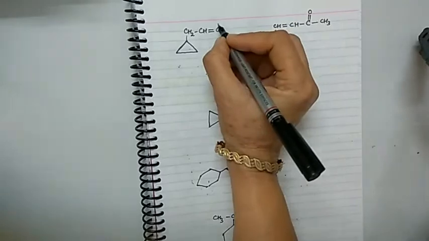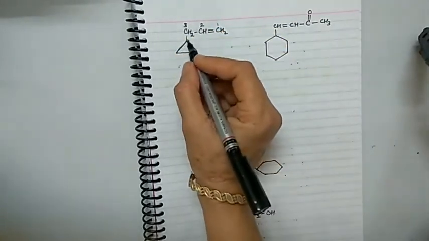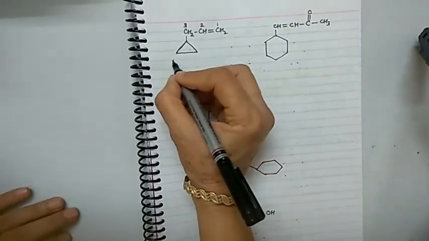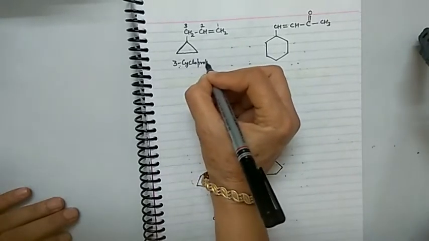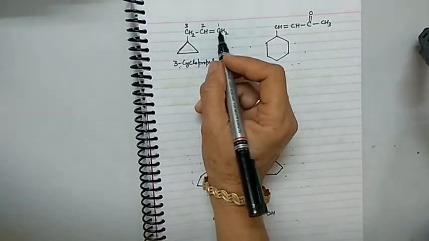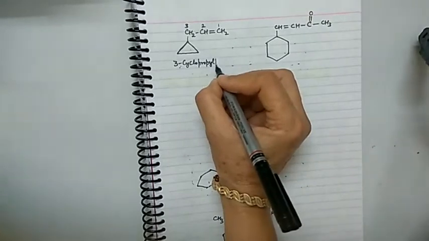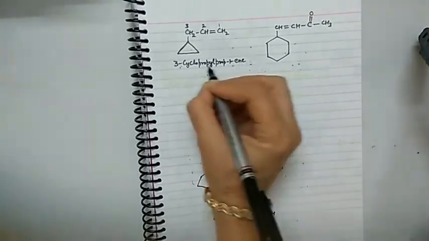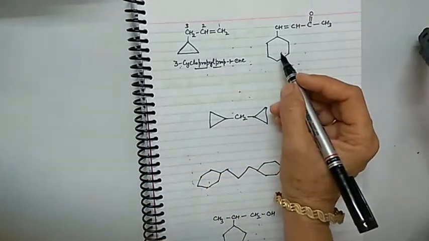Let us number this. So 1, 2, 3. At position 3 there is a cyclopropyl. So we write 3-cyclopropyl. Now this is again 3 carbon atoms and the double bond is present at position 1: 3-cyclopropylprop-1-ene. Clear?